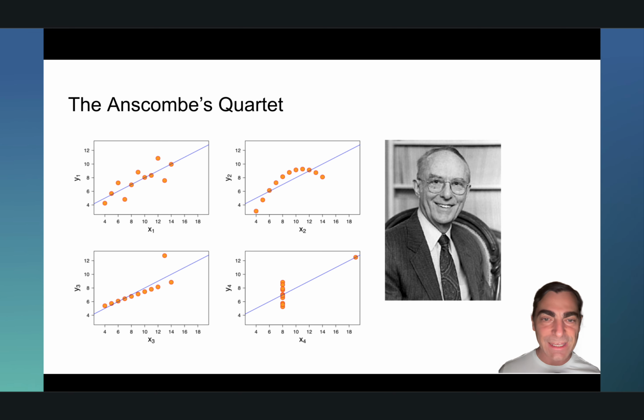So if you calculate the average of X or the average of Y, you'll find that they have exactly the same number. If you compute the correlation coefficient, you get the same number. If you create a regression line, you get the same regression line. If you compute the variance or the standard deviation, once again, same numbers.